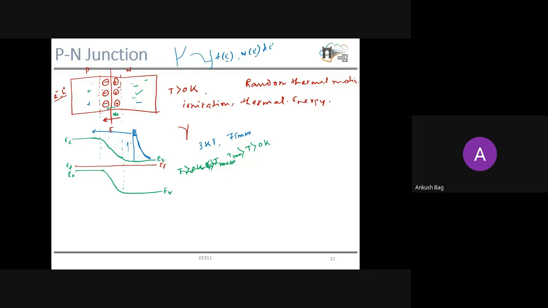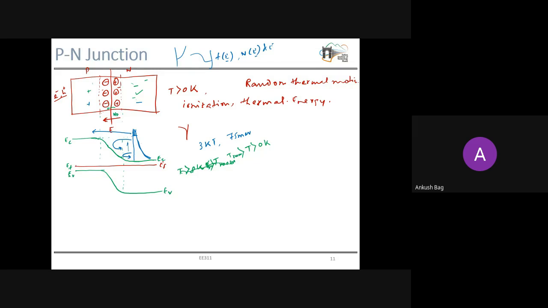Only the electrons which have higher energy than this potential barrier can go to the P side, and the rest of the electrons will simply bounce back and will not be able to cross this potential barrier.